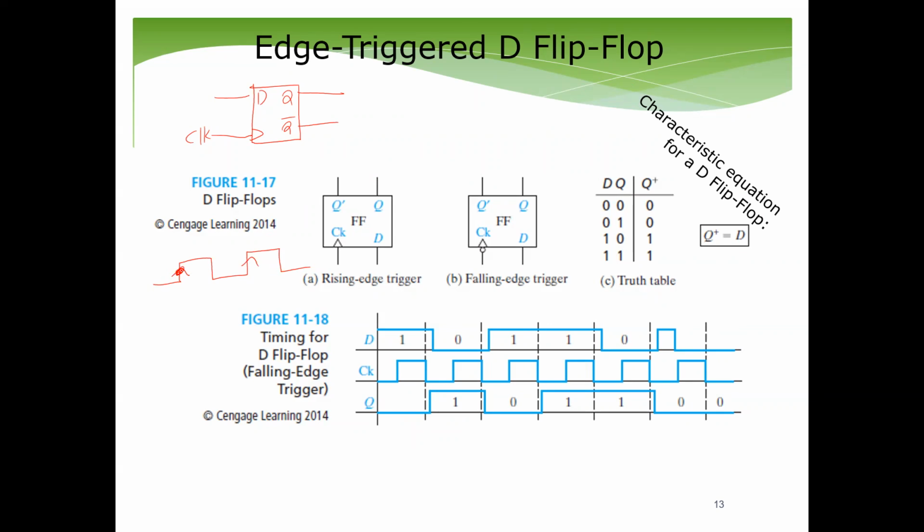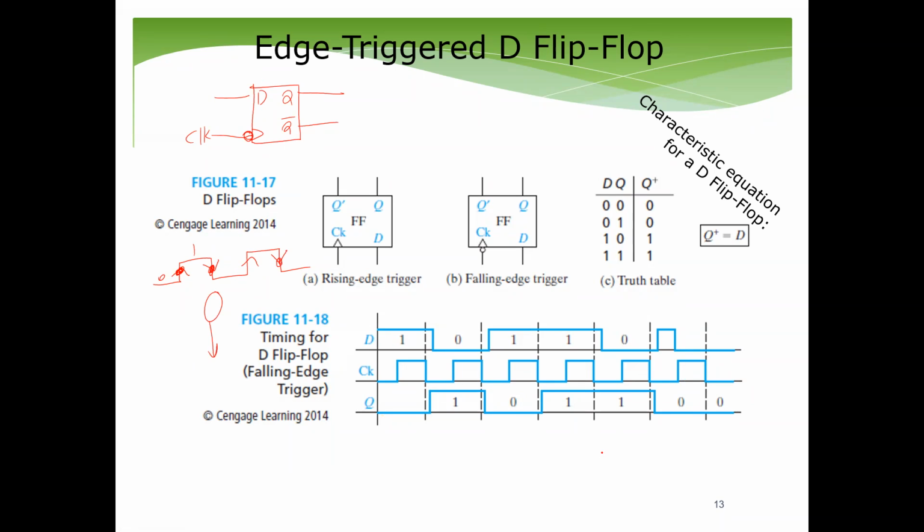So at this certain time, when the clock is moving from 0 to 1, that's called the positive edge, we're going to read the value of D and write it to the value of Q. If the symbol of the flip-flop has a small bubble at the clock input, that means this is a negative edge triggered flip-flop, meaning at each negative edge, check the value of D and write it to the value of Q.